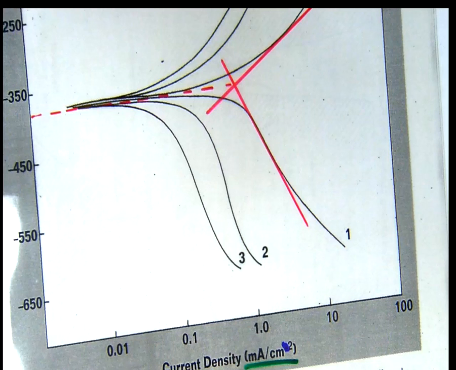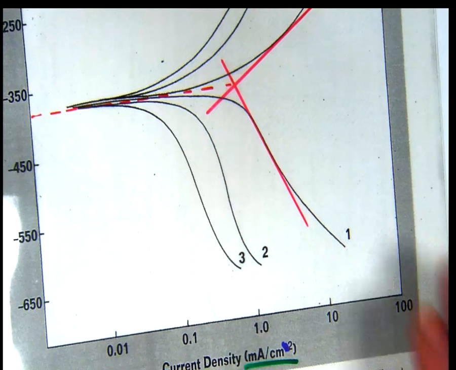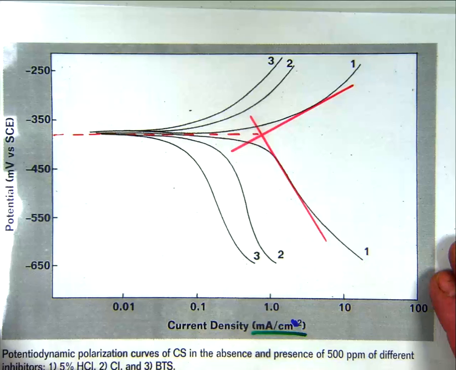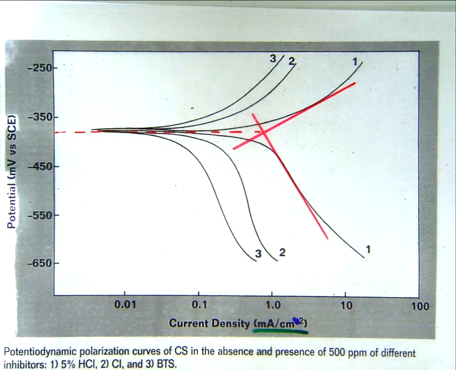The first plot is the performance of the steel in 5% hydrochloric acid, so in a mildly acidic environment. And the current that you get is reasonably high, in milliamps per square centimetre.